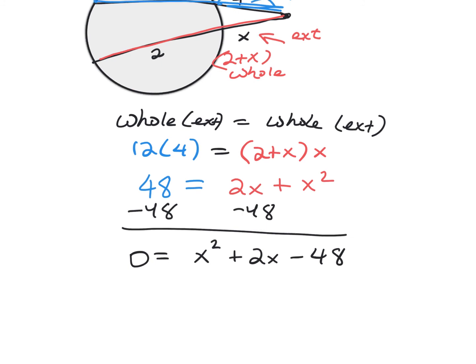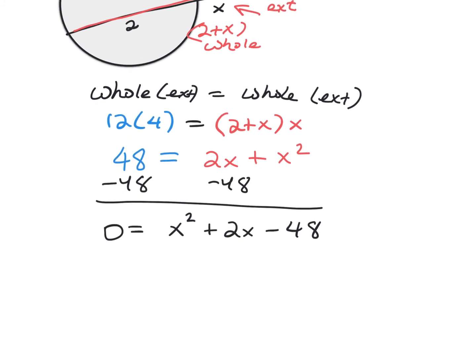When you factor a trinomial, something simple like this, you're going to look at this last term. You need to find the factors of negative 48 that when you add those two factors, you'll get a 2. So I'm looking for two numbers that when I multiply them, I get negative 48. But when I add the same two numbers, I get a positive 2.